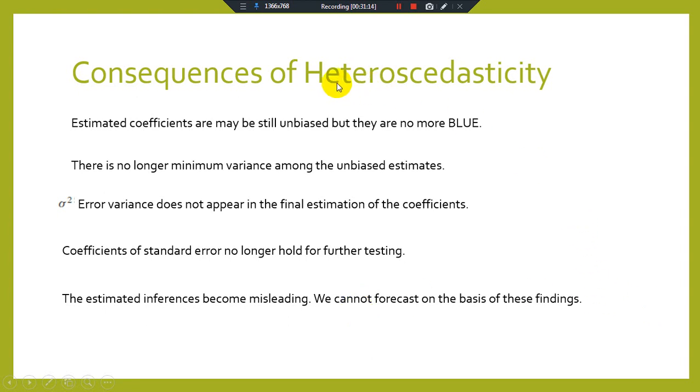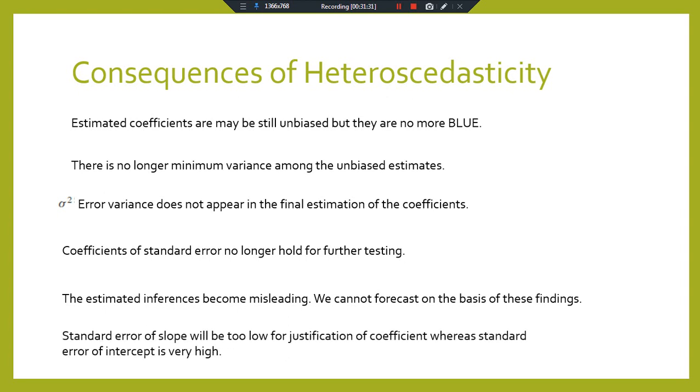Keep in mind that when there is heteroscedasticity, you cannot make any type of inference, because these inferences are misleading, and you cannot give government, businesses, or your organization any policy on the basis of these findings. The standard error of the slope will be too low for justification of the coefficient, whereas the standard error of the intercept is very high.